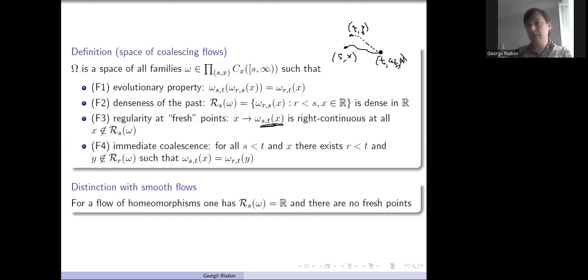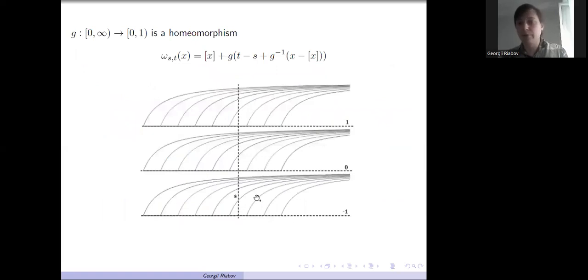At every moment of time, trajectories that came from the past fill the whole real line. One can ask if there are such flows that belong to the space omega. One can even construct one by hand. So this is an example of a flow from the space omega. Function g is some homeomorphism from 0 infinity to 0 1.